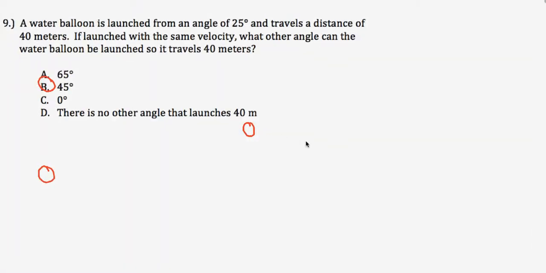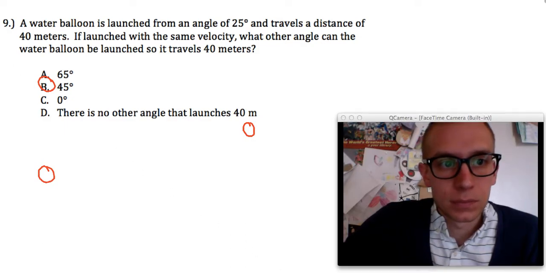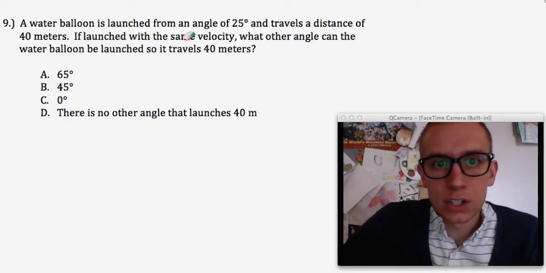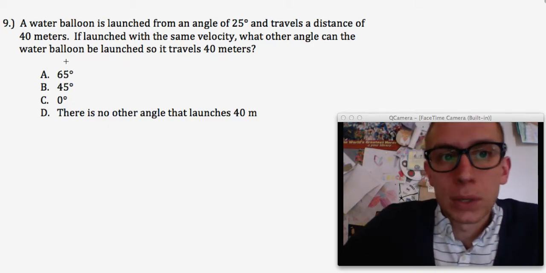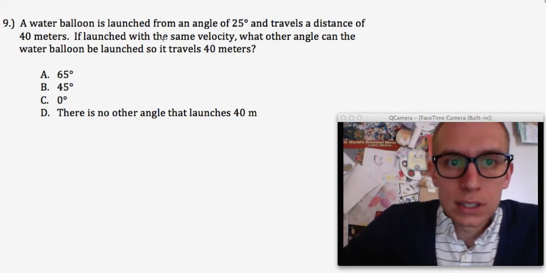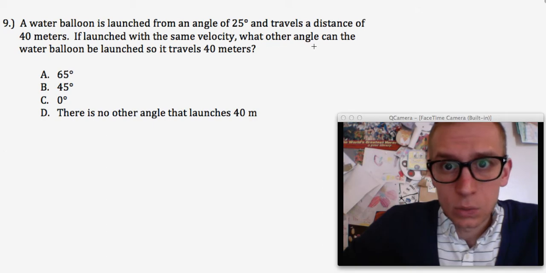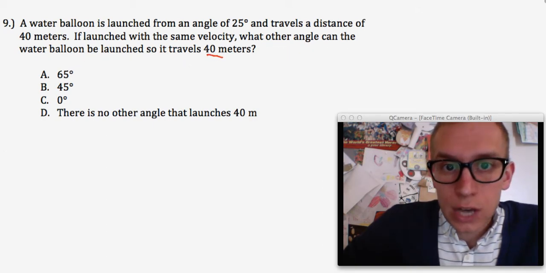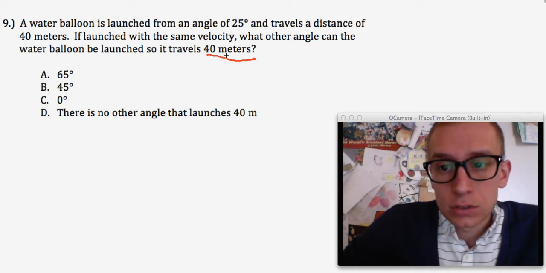And the last problem. Number 9 says, a water balloon is launched from an angle of 25 degrees and it travels a distance of 40 meters. If you wanted to launch with the same velocity, what other angle can the water balloon be launched to also travel that same range?